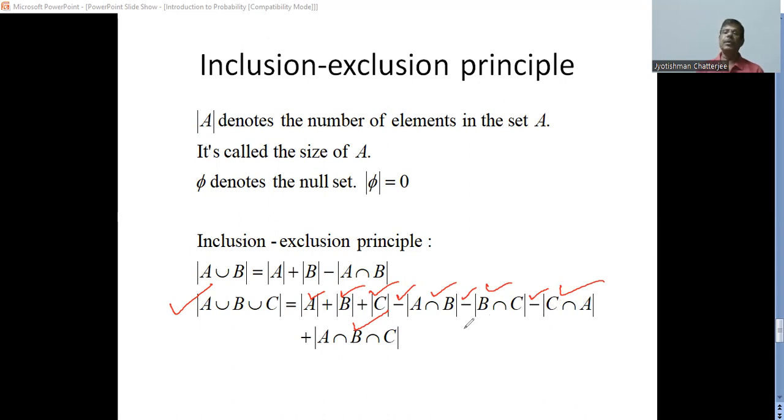And then when you take 3 symbols together, then sign of ABC will be again plus. So alternately, the signs go from plus to minus to plus, and if there is also D, then it will be plus again. I'm not writing that down, so it's an exercise for you.